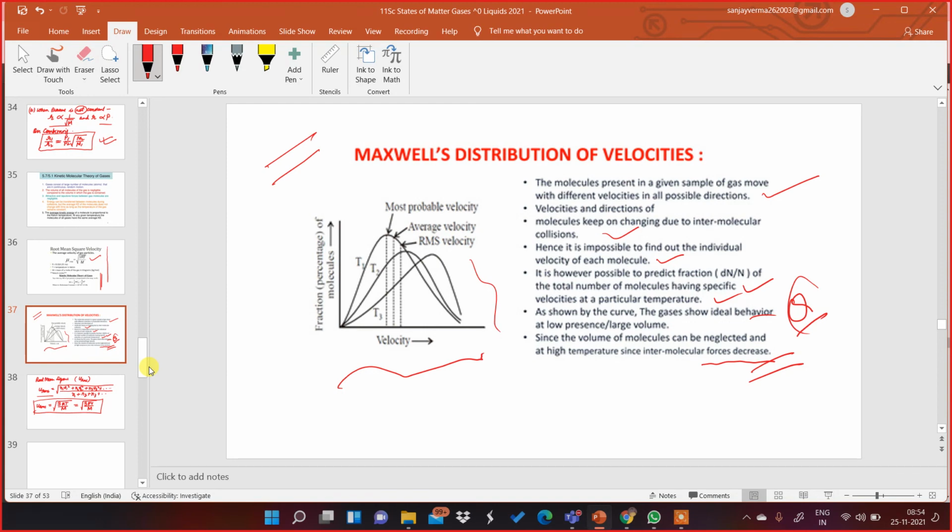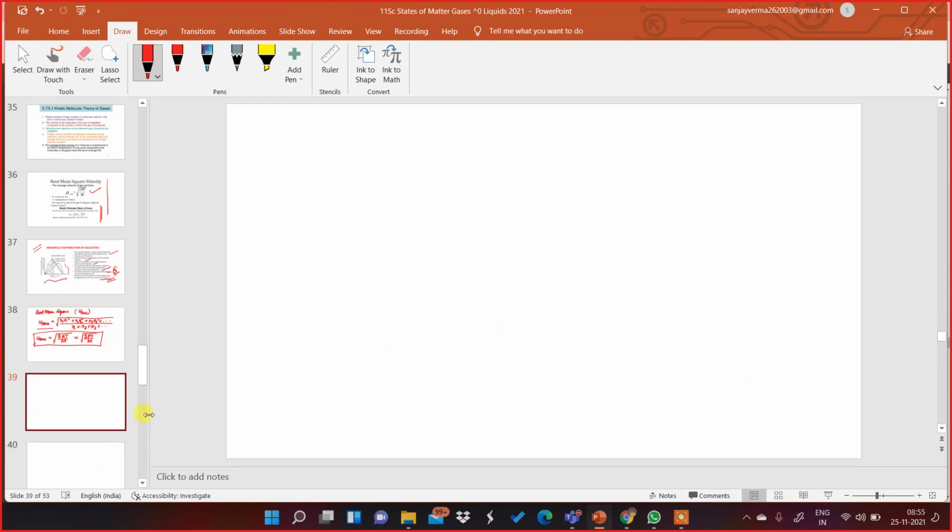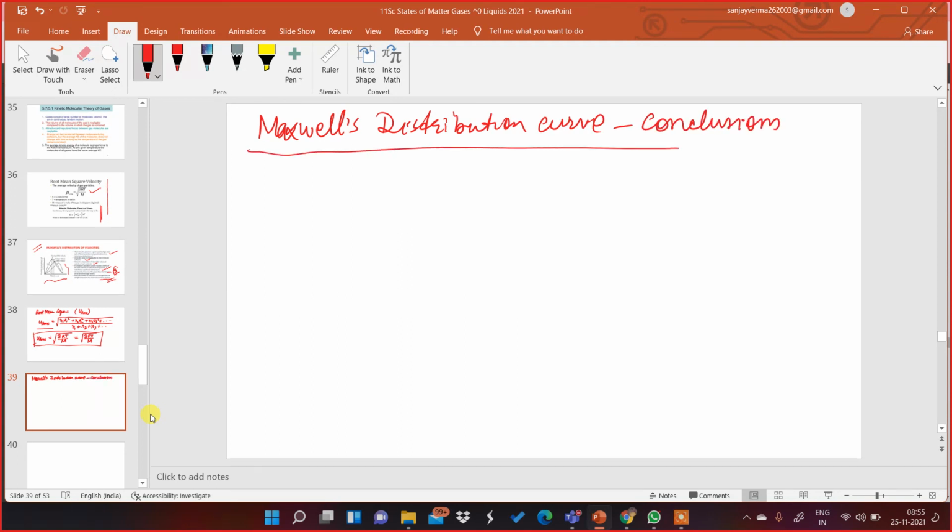Now from this I would like to draw important conclusions from Maxwell's distribution curve. If you plot a graph of fraction of molecules versus the velocity or speed, then there are some conclusions drawn.